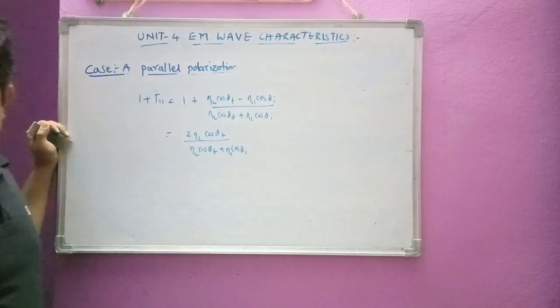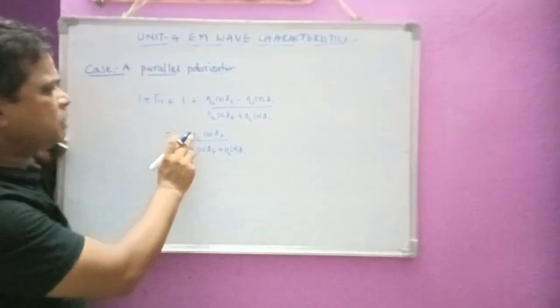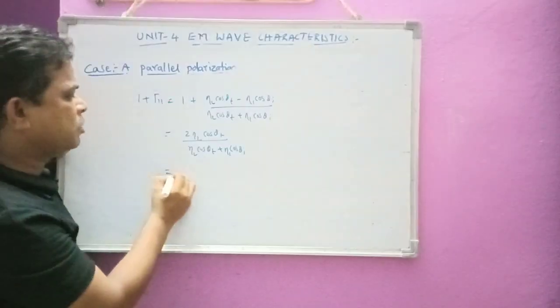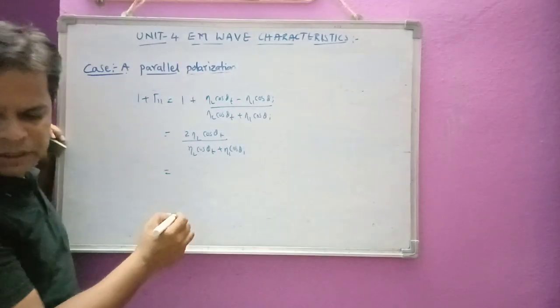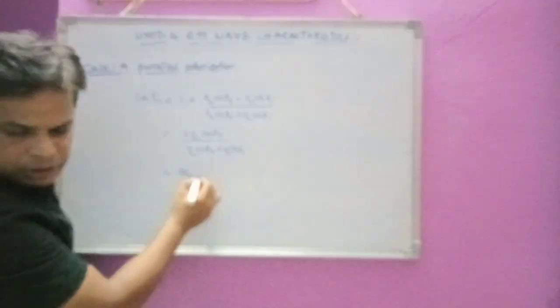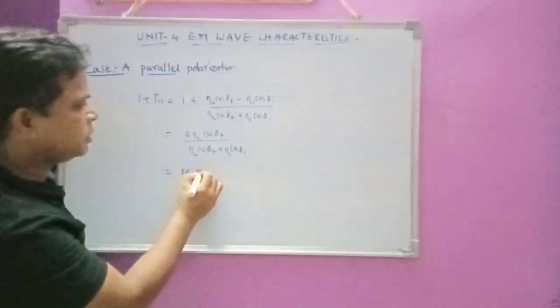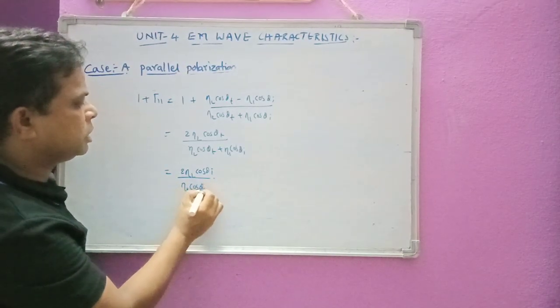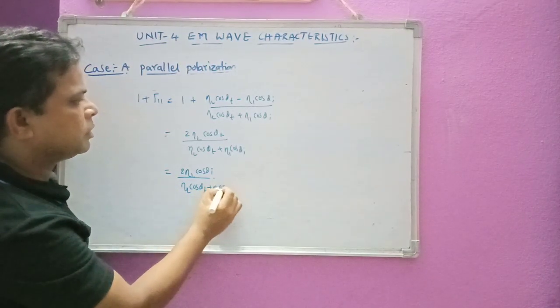Now if I want to express this in terms of tau parallel, I have to divide and multiply this equation like this. So 2 into eta 2 cos theta i by eta 2 cos theta t plus eta 1 cos theta i.